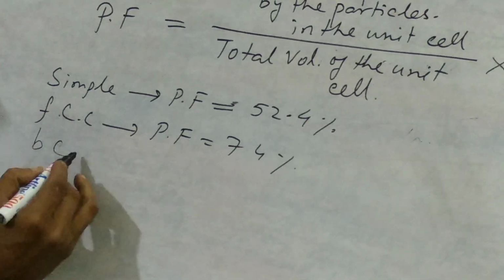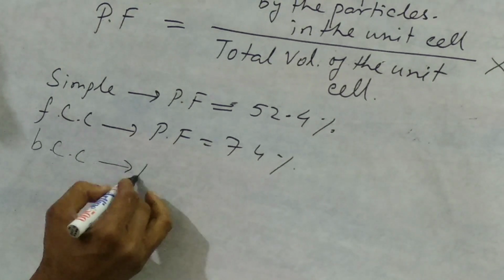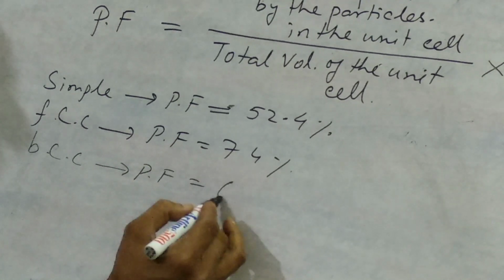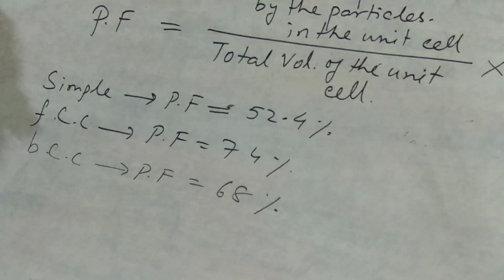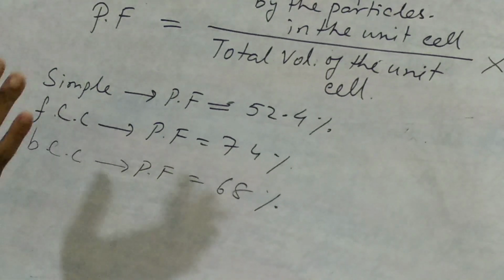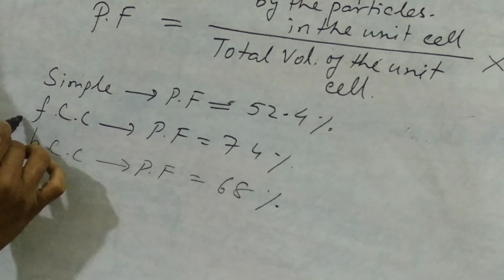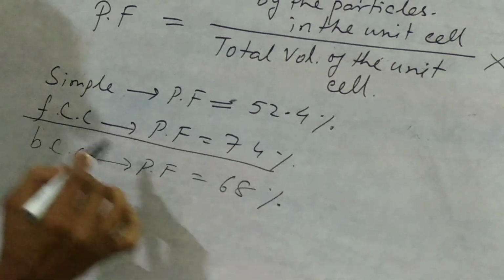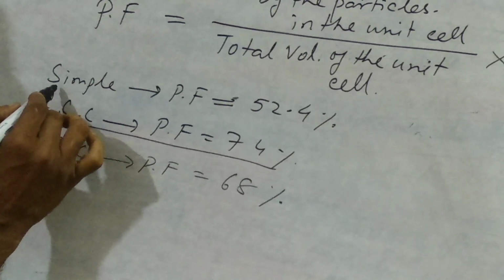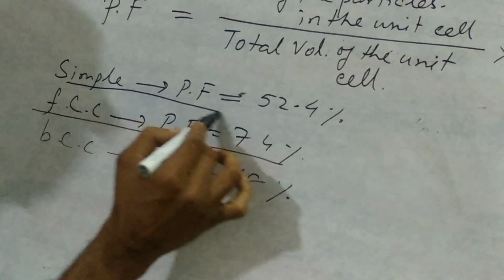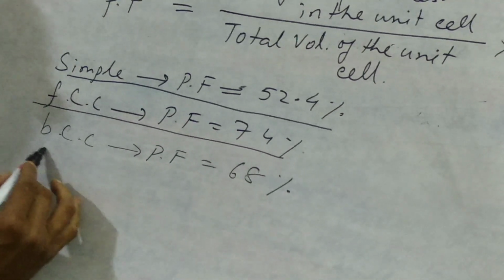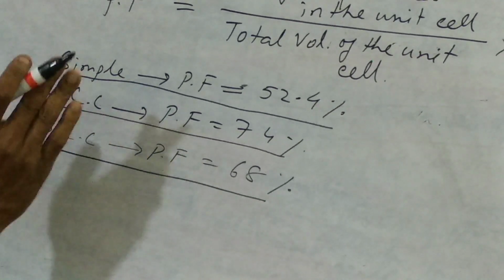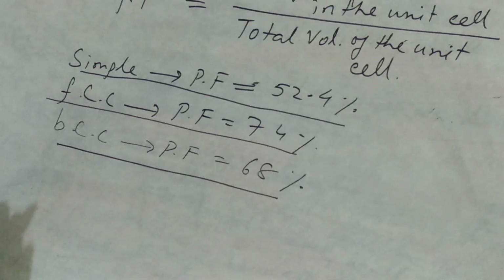And for body-centered cubic unit cell, the packing fraction turns out to be 68%. So the most densely packed unit cell is face-centered cubic unit cell, and least densely packed unit cell is simple or primitive cubic unit cell. We have to keep in mind the packing fraction of all the three types of unit cells.